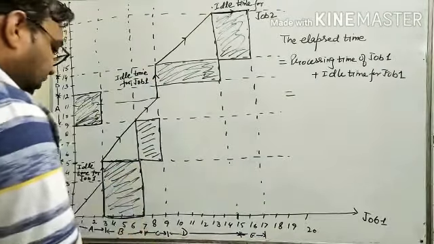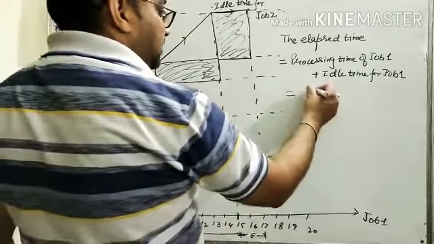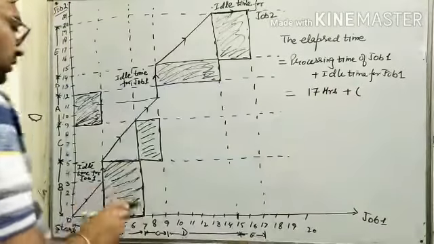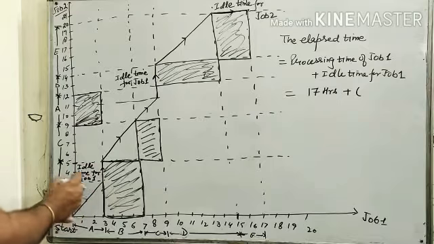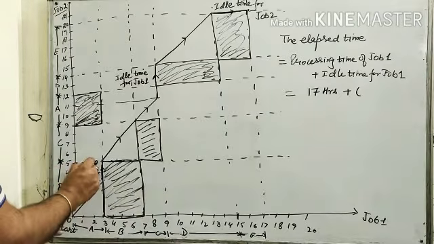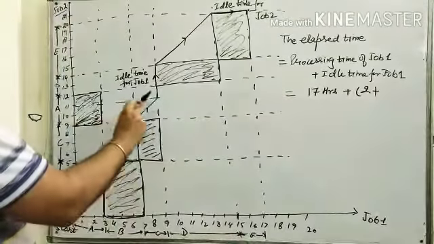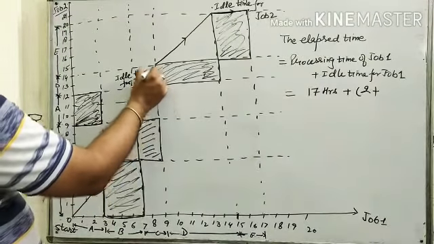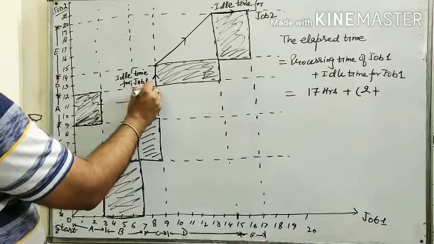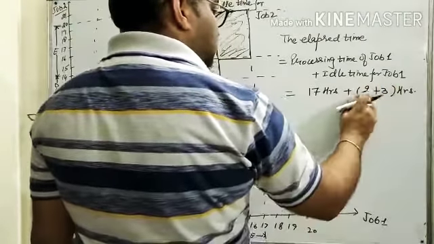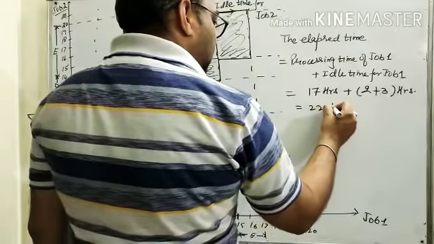This was from 0 to 17, that is 17 hours, and the idle time for job 1, this from 3 to 5, that is 2 hours, and also this from 11 to 14, that is 3 hours. So 17 plus 2 plus 3, that is 22 hours.